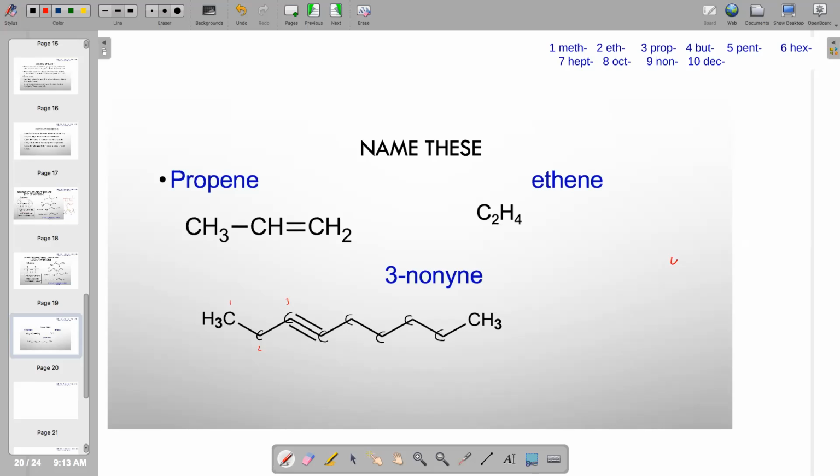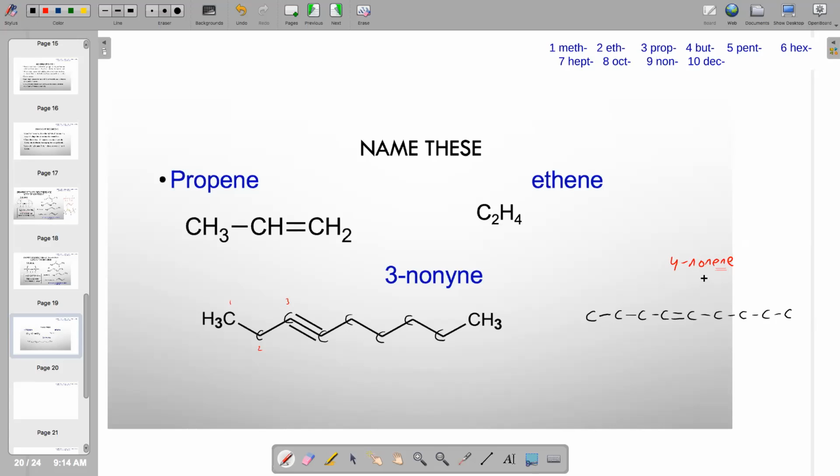If I wanted to draw 4-nonene, and nonene means that it's an alkene, I've got to have the first carbon, and then 2, 3, and if this is the 4th carbon, that's where the double bond is, then 5, 6, 7, 8, 9. So now I've got a total of 9 carbons in a row.